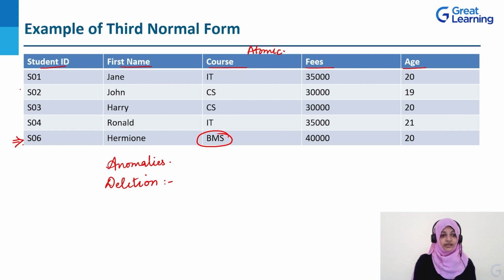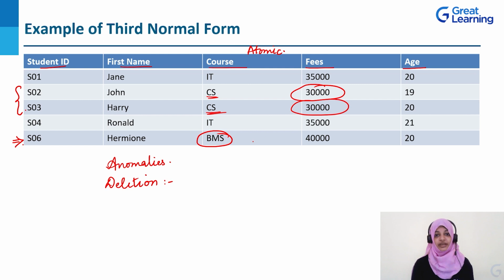Next, let us look at row S2 and S3. As we can see here, S2 and S3, both students have opted for the CS course. If we need to update the fees for any of these, we'll actually have to update them multiple times. Now in this example, I've given you 5 rows from which 2 are opting for the computer science stream.